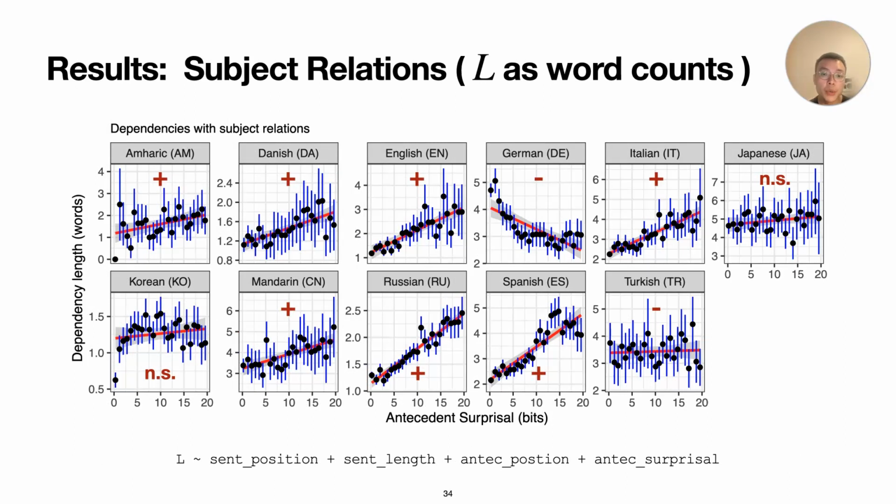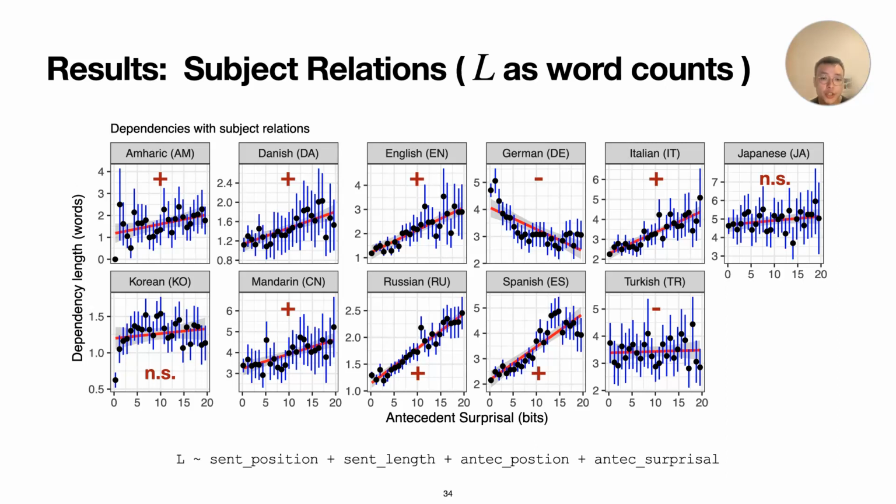As mentioned earlier, we also looked into the effect for subject relations. Since the dataset here only includes subject relations, we didn't include the random effects by dependency type. And here's the result with dependency length as word counts. As shown in the plot, there is a significant positive effect of antecedent surprisal on dependency length for most of the languages, namely Amharic, Danish, English, Italian, Mandarin, Russian, and Spanish.